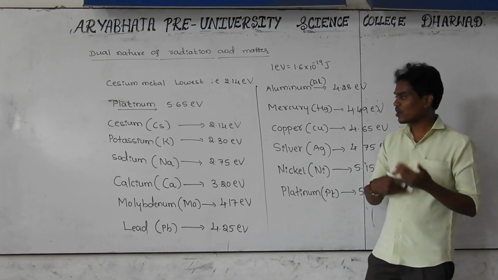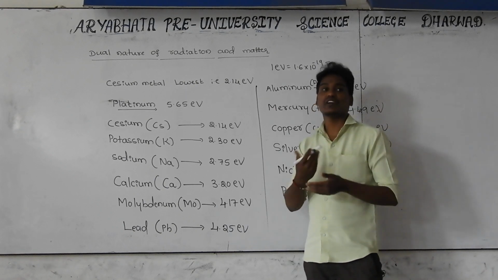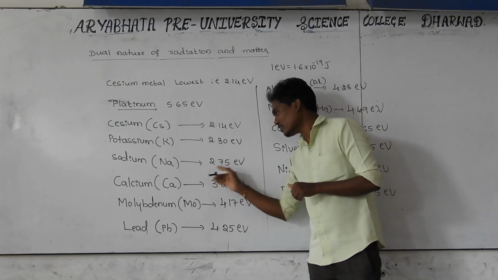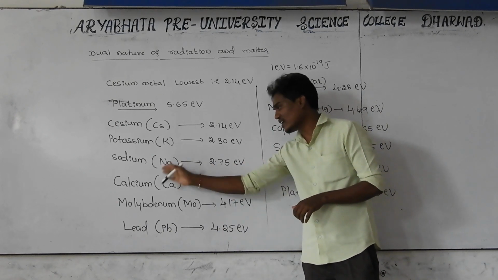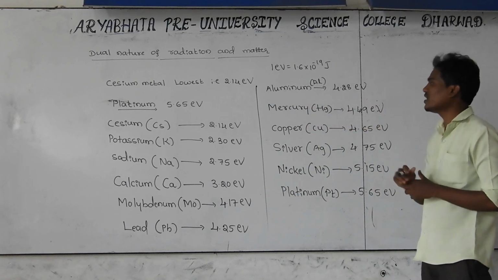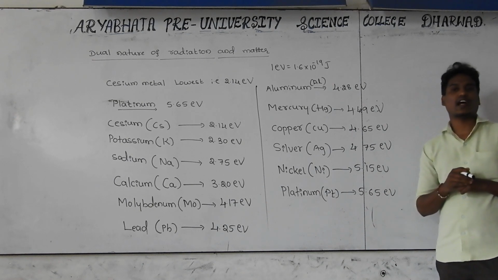Similarly, in order to emit from the sodium metal, the minimum amount of energy to be received by the electron in the sodium metal is 2.75. Like that, calcium, molybdenum, lead, aluminum, mercury, copper, silver, nickel and platinum.